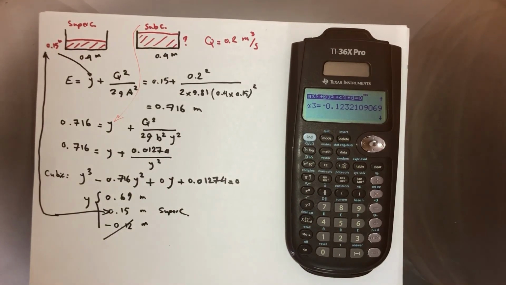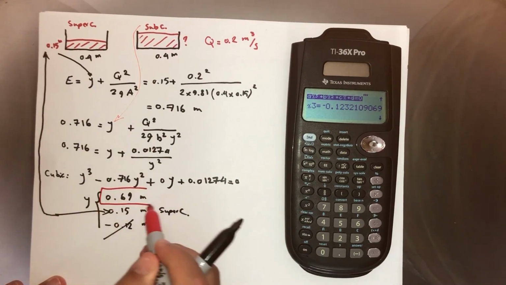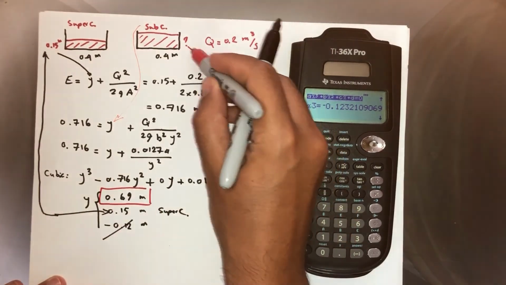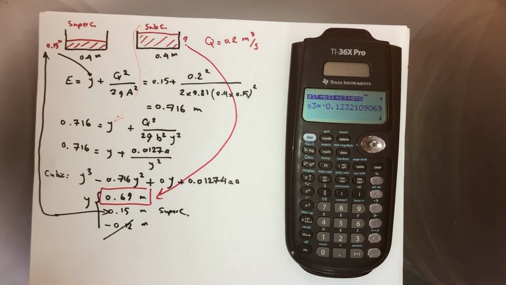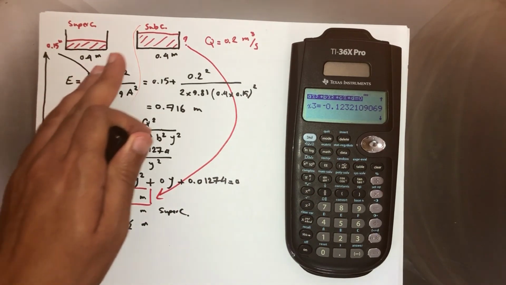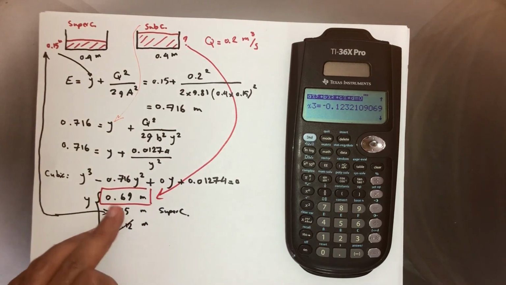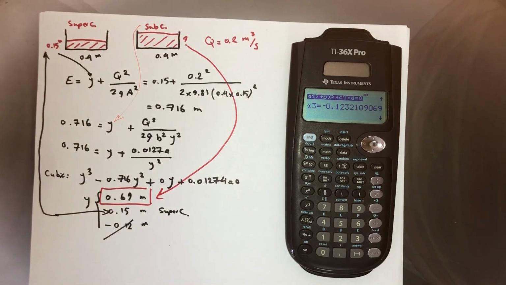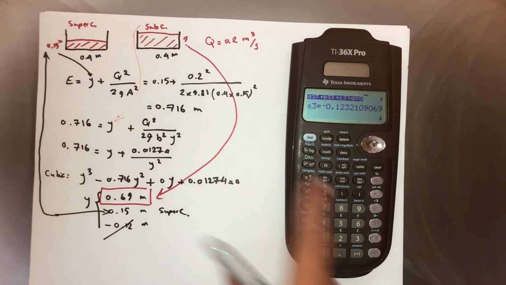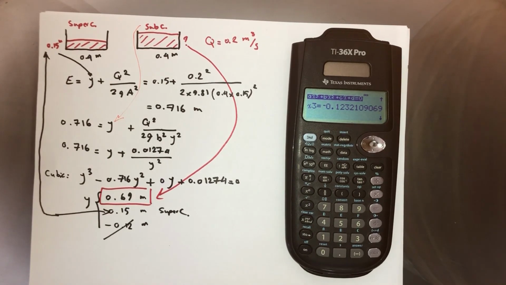And this one that I'm going to box is my final answer for this situation. So in this system, the depth of the subcritical flow is 0.69 meters. And that's how we use our calculators to get the most out of it in the limited time for the PE exam, and also to solve hydraulic problems.